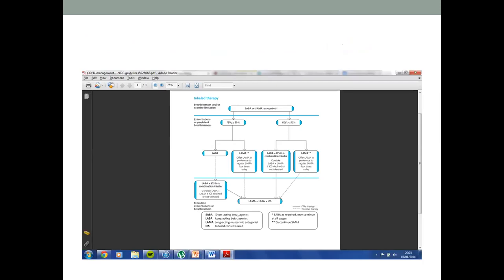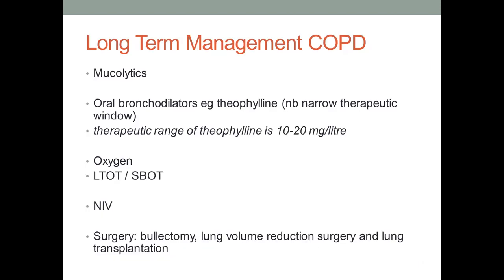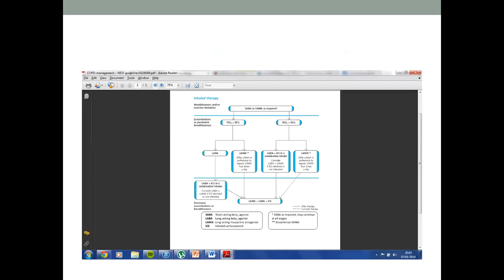While in pharmacological treatment, these are the drugs in the form of inhaled therapy.